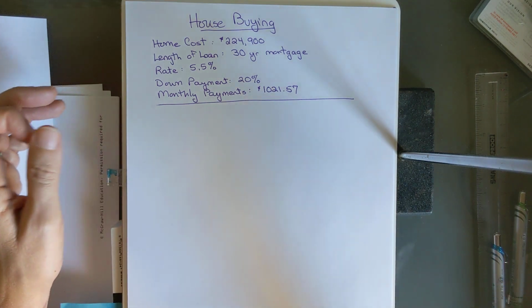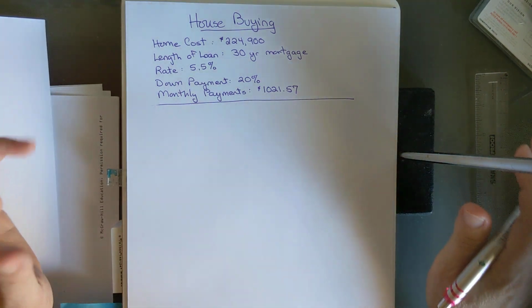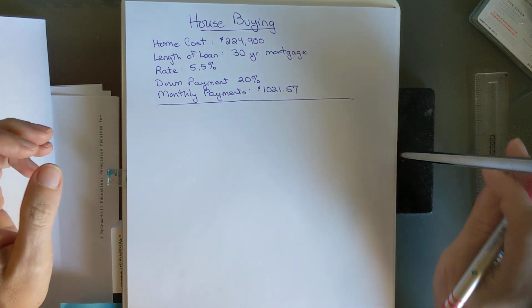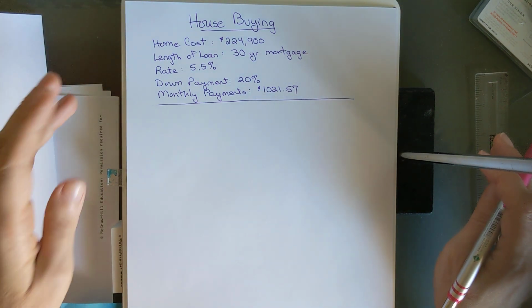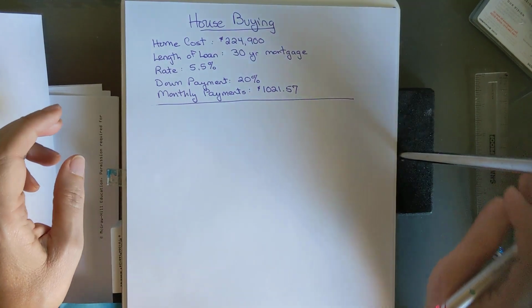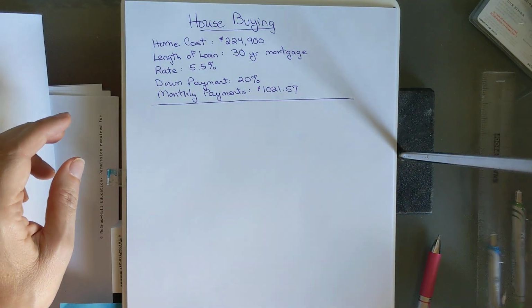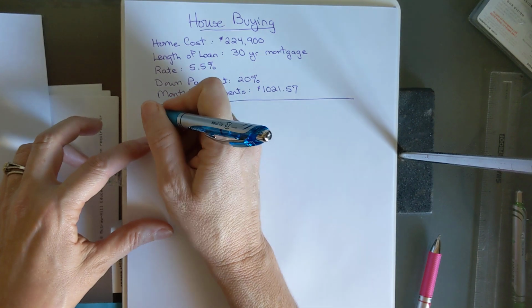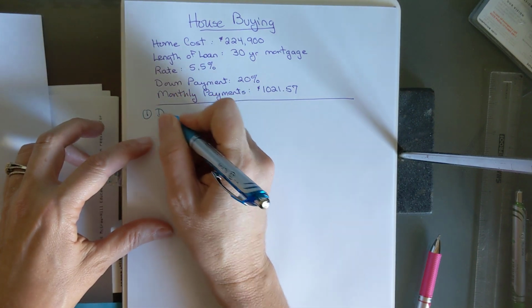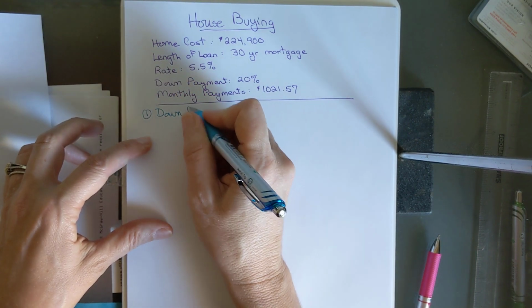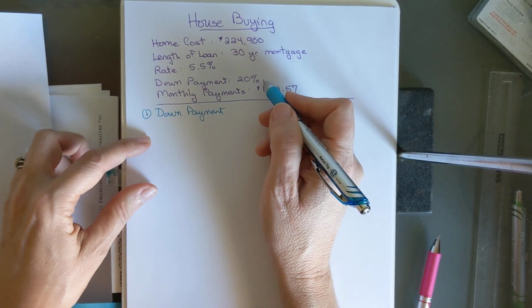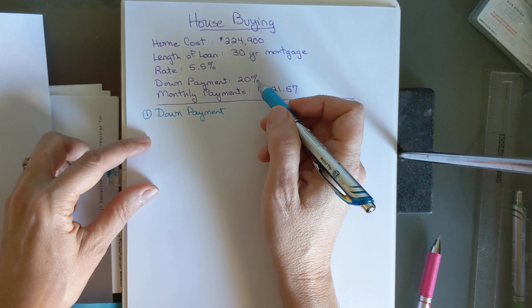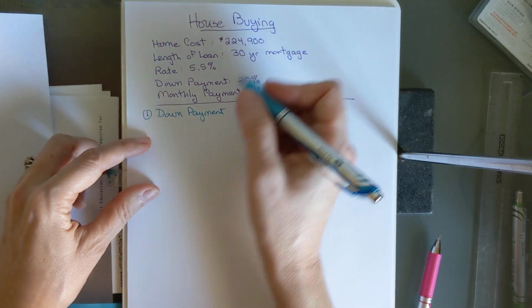$1,021.57. So I want to know how much money I am actually going to be paying for this house after 30 years, and how much of that was interest. So the first thing I'm going to figure out is my down payment. And my down payment says it's 20%, and it's 20% of my home cost.